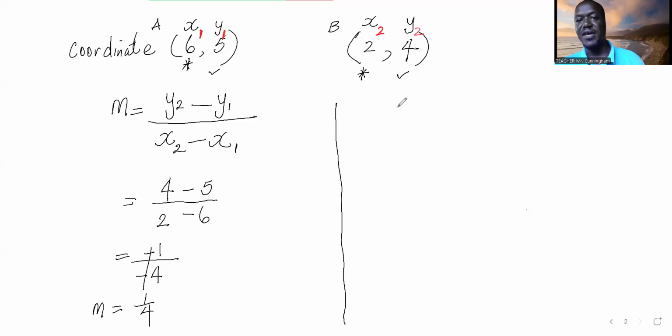But if I have my equation, y equals mx plus C, now because I know my gradient, which is a quarter, use any coordinate A or coordinate B.